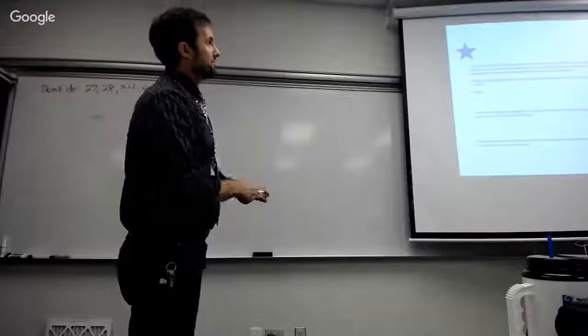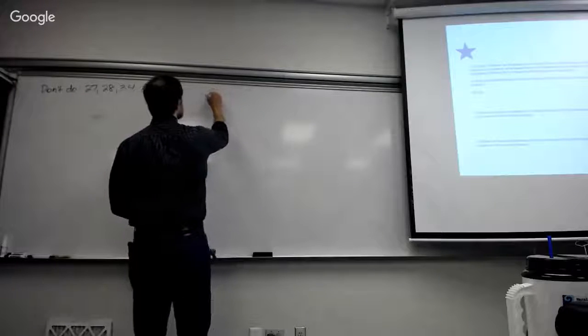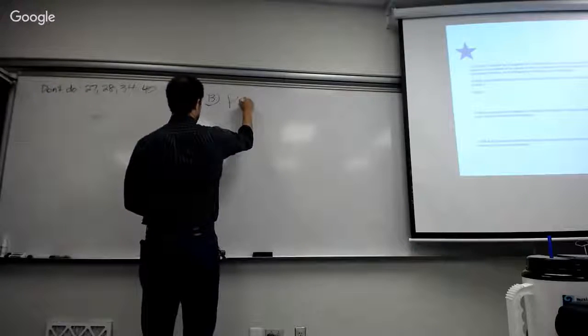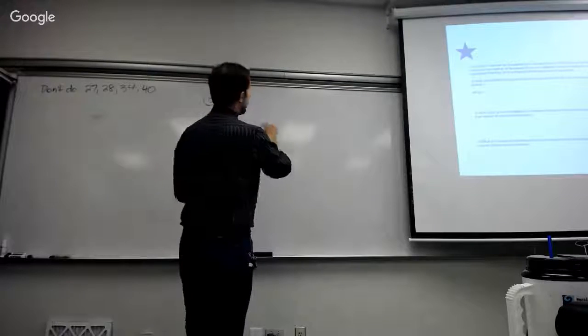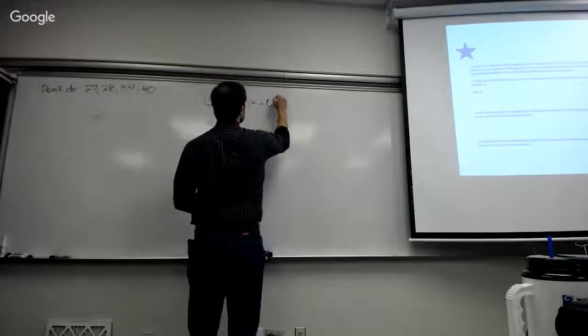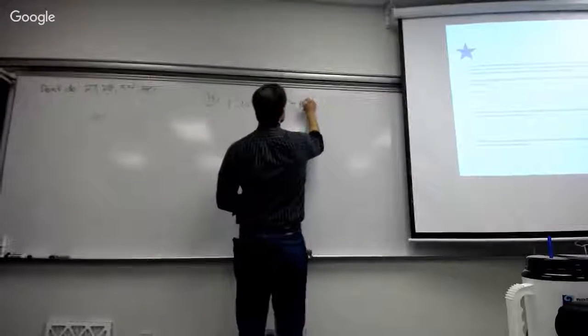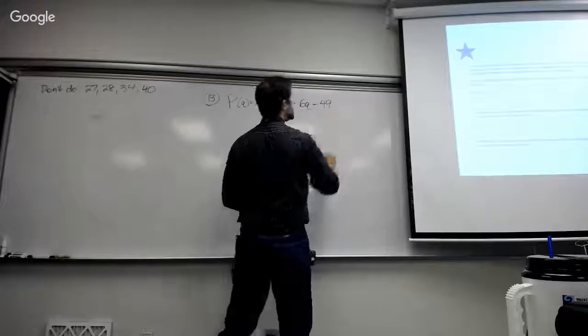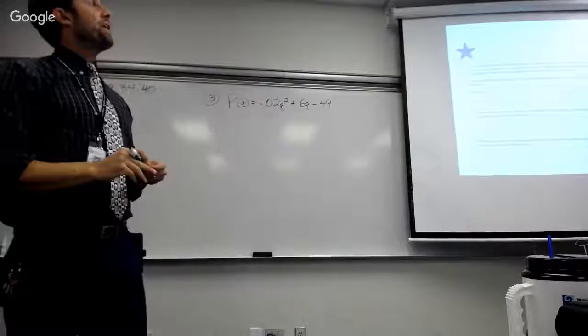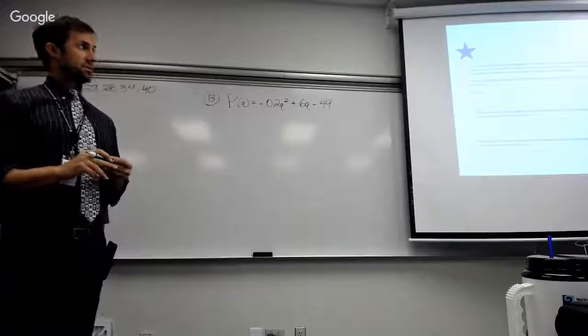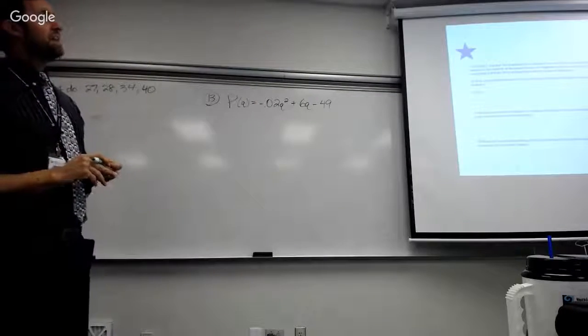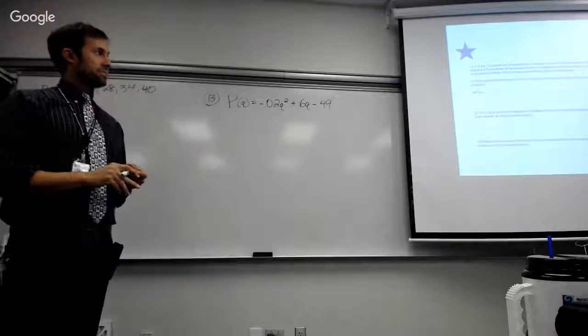So they have a profit function given by, so that's our profit, where Q is the number of products you sell, and it's negative 0.02 Q squared plus 6Q minus 49. Q is the number of thousands of pairs of sunglasses sold, and P is the profit in thousands of dollars.